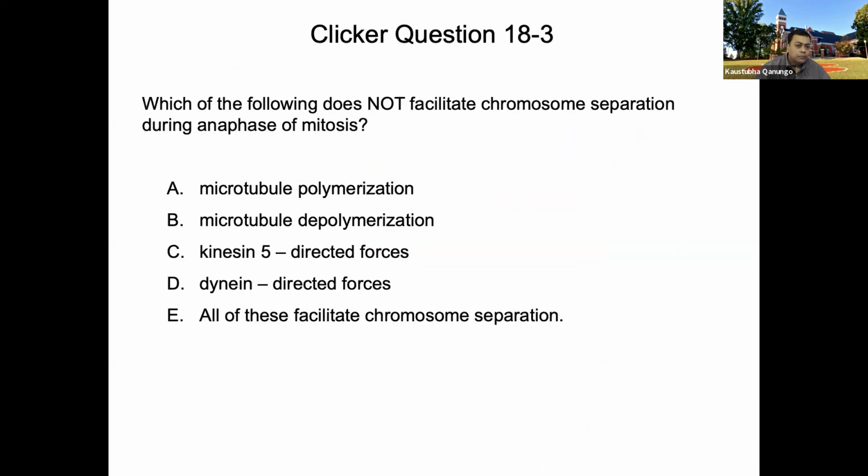So, last clicker question. Let's take a look. Which of the following does not facilitate the chromosome separation during anaphase of mitosis? Microtubule polymerization, microtubule depolymerization, kinesin 5, dynein-directed forces, or all of these facilitate chromosome separation.